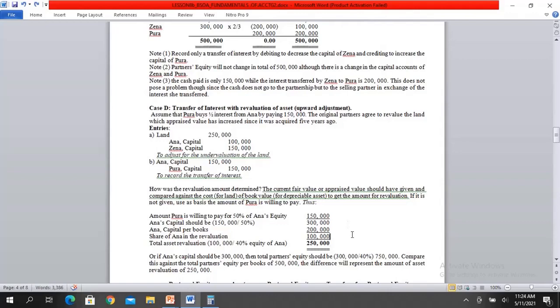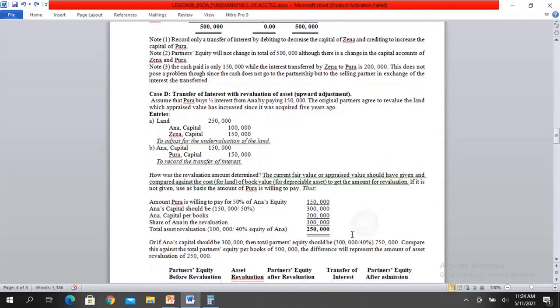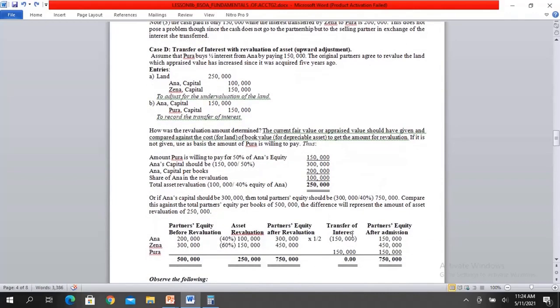Ayan. Sorry guys, uminom lang ako. Ayan, so 40% of this 250,000 is yun yung magiging asset revaluation or yun yung magiging share ni Ana.